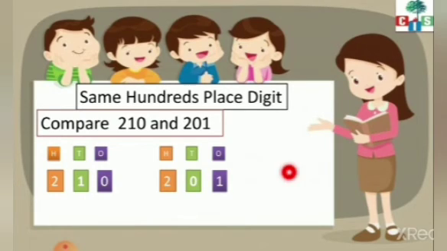Now look at the hundreds column. That is hundreds place value. In this number it is 2. And when we are comparing with another number, there also the number is 2. Both have the same number. So what we have to do is, we will compare the tens column now. Here it is 1 and here it is 0. So which number is greater? Here 1 is greater than 0. So 210 is greater than 201. Now let's move to the next slide.